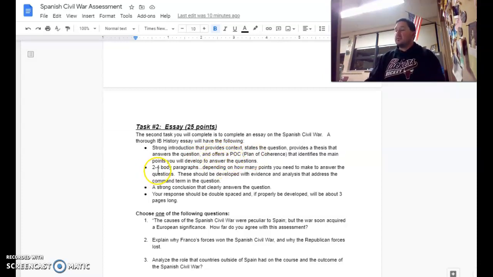Then you're going to spend, it depends on how many points you're going to be making to support your thesis. It could be 2 body paragraphs. It could be 4 body paragraphs. It doesn't necessarily matter, but it should match your plan. Your plan and your body paragraphs should match.